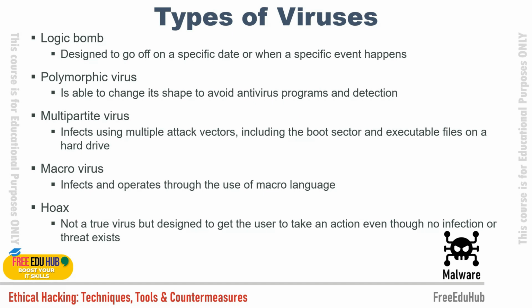Polymorphic engines are designed to alter and mutate the virus design while keeping the payload, the part that does the damage, intact. So it keeps changing its shape, but the payload remains the same and it would still affect the system. Encryption is used to scramble the data or hide the payload, keeping the antivirus engine from detecting it, and it keeps operating in the background without being identified by antivirus programs.